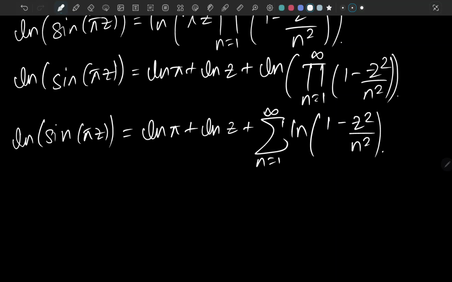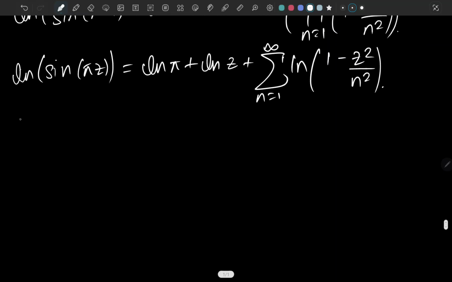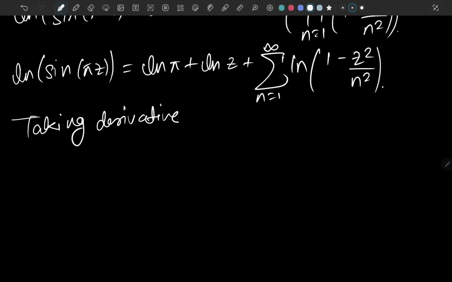So this is what we have, and now we are going to take the derivative with respect to z on both sides. So what's that going to give us?